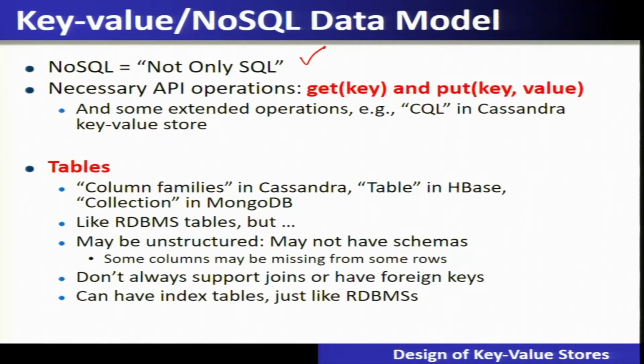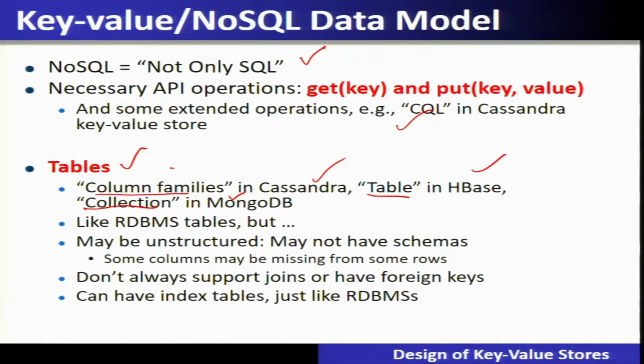Some of the extended operations are, for example, CQL in Cassandra key value stores. In NoSQL, tables are sometimes called column families in Cassandra, table in HBase, and collection in MongoDB. So, a table has different names in NoSQL database systems.